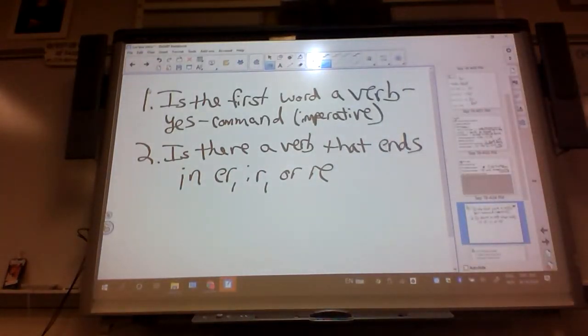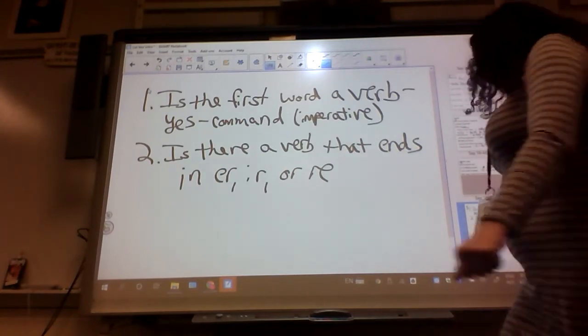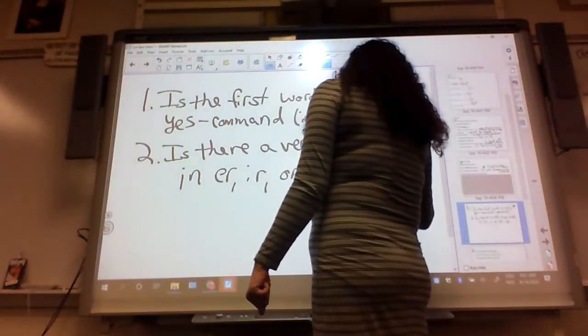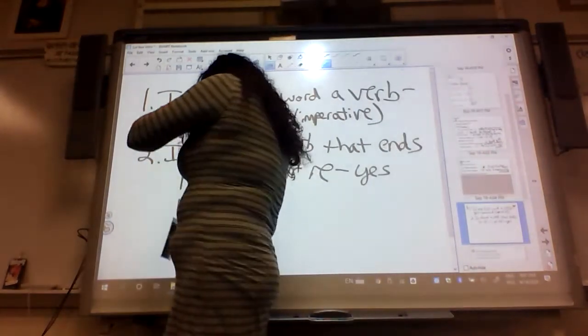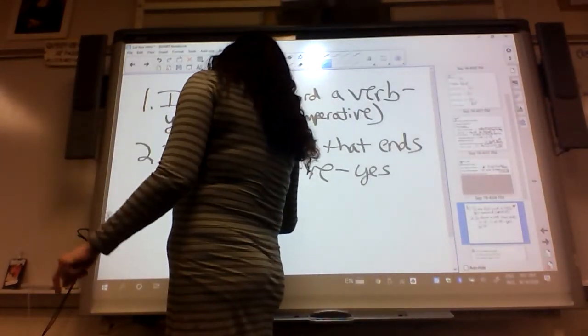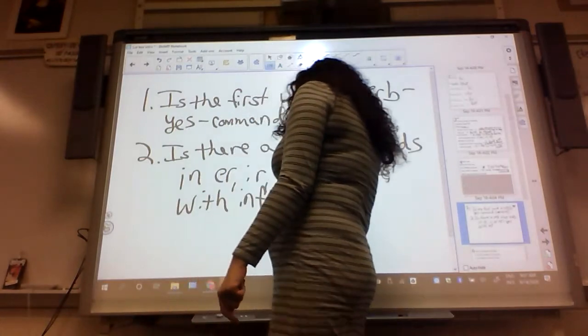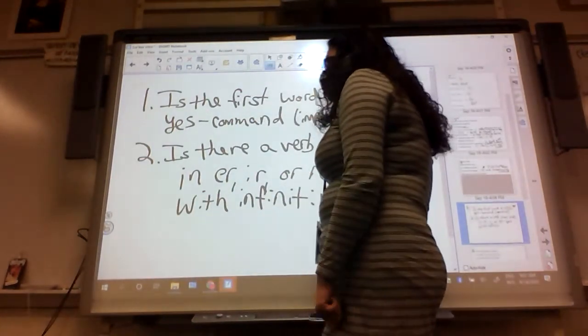So my first question, is the first word a verb? Yes. Okay, boom, it's a command. My pronoun's going to go after the verb. Is there a verb that ends in ER, IR, or RE? If I say yes, it's with infinitive. And number 3.